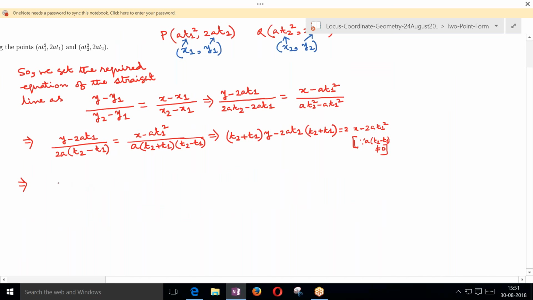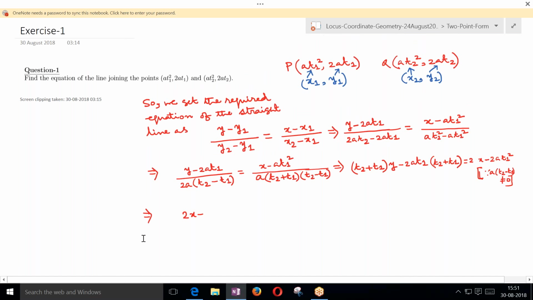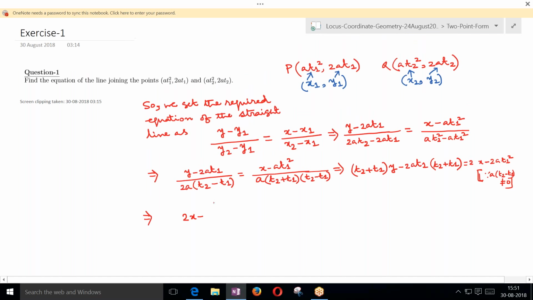We get 2x minus t1 plus t2 into y plus 2a t1 into t2 is equal to 0.